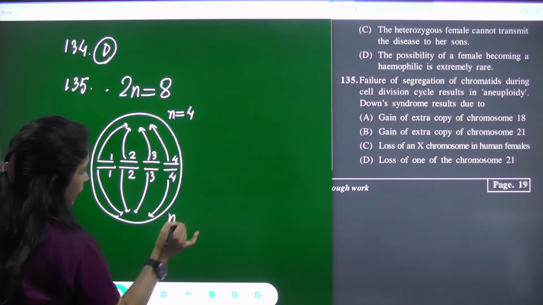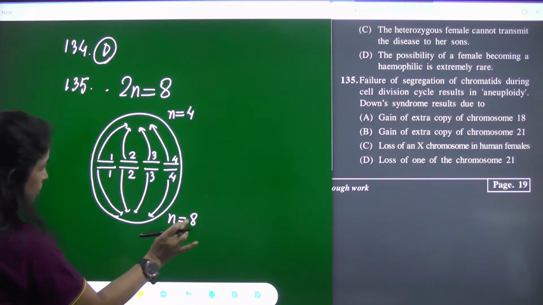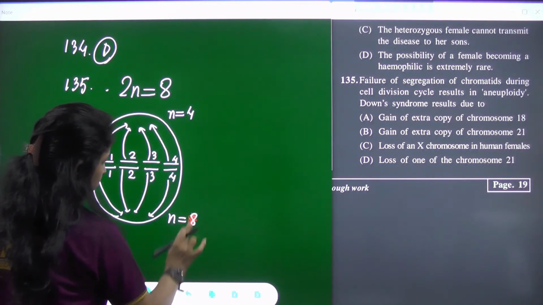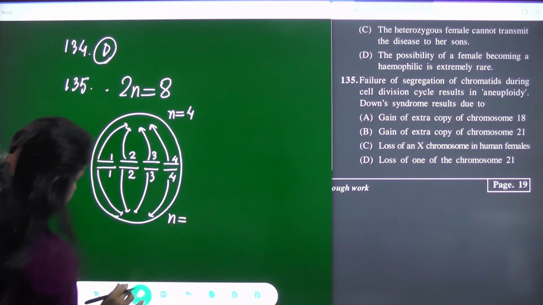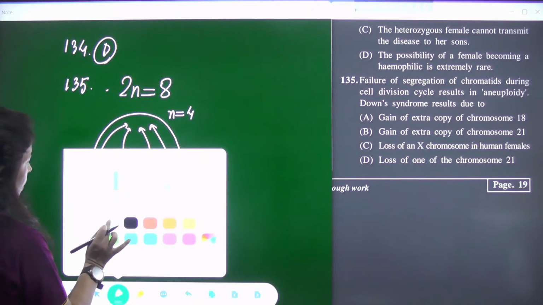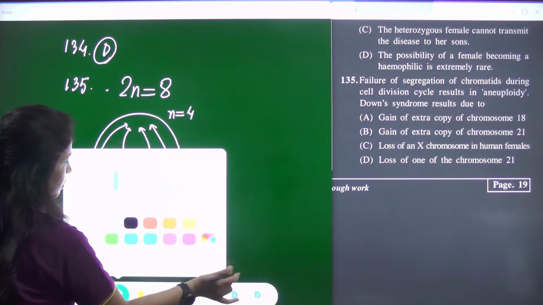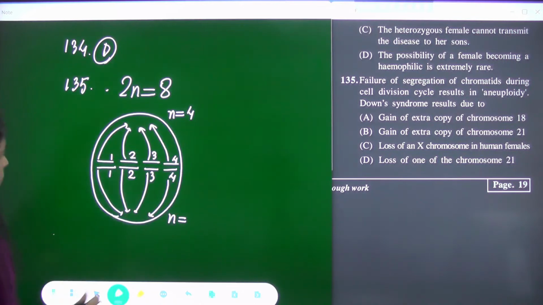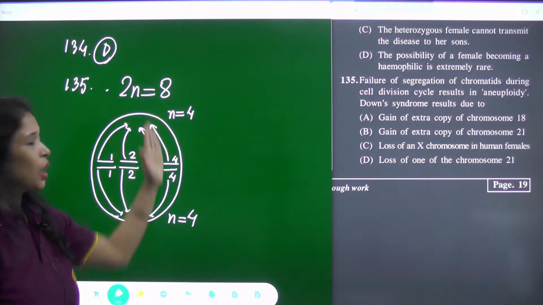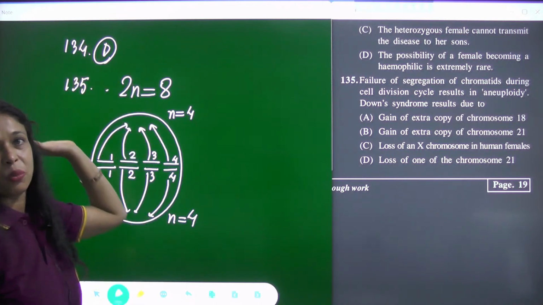Same, the gamete formed on the other side will also have 4 chromosomes. This is what we call normal meiosis. This is disjunction, separation of the chromosome.